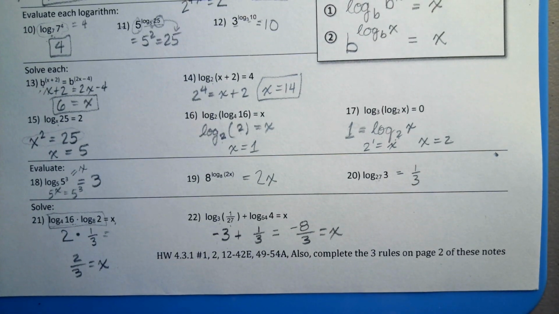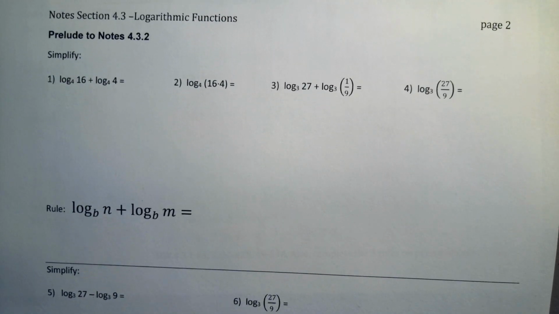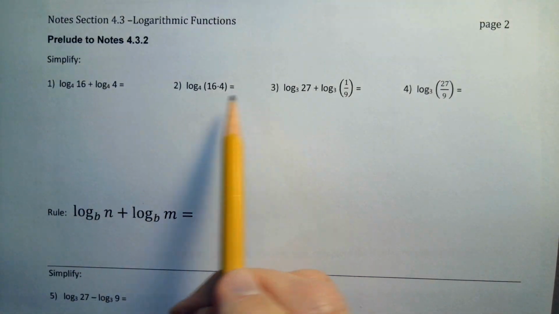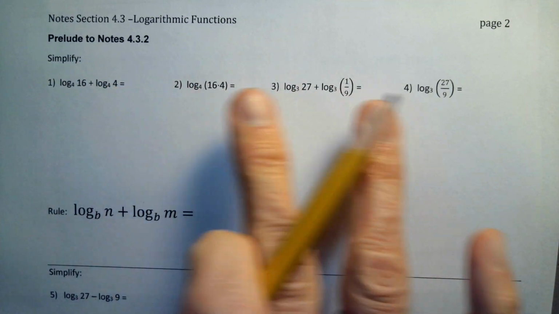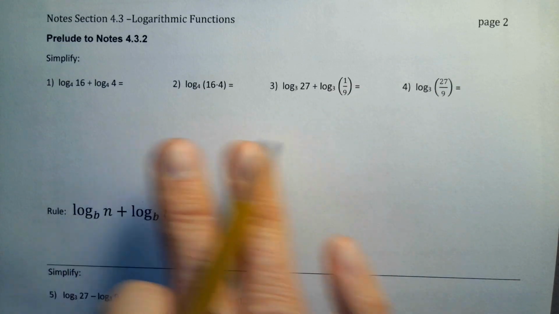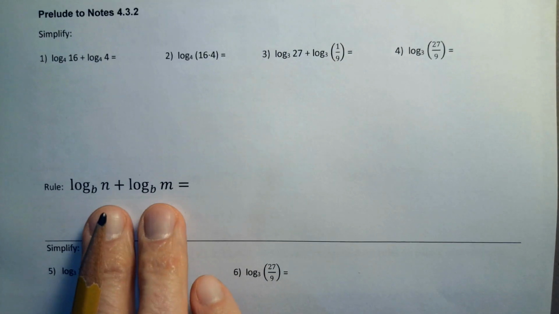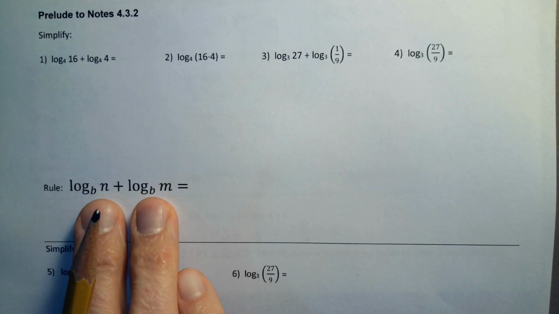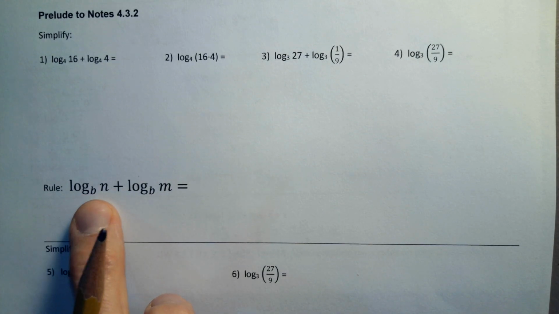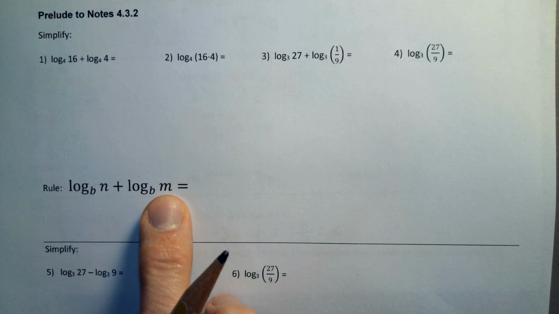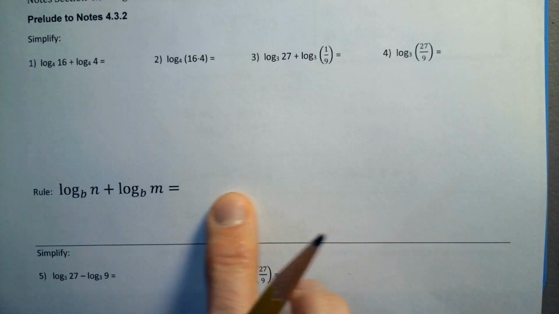Okay? All right, so this is the homework for tonight. It's just having you practice some of what we've been doing on this page. But then also for homework tonight, look ahead at the next page and try to see some patterns. I made some specific problems that will help you try to develop a rule. If I have log base b of n plus log base b of m, what shortcut could I do?